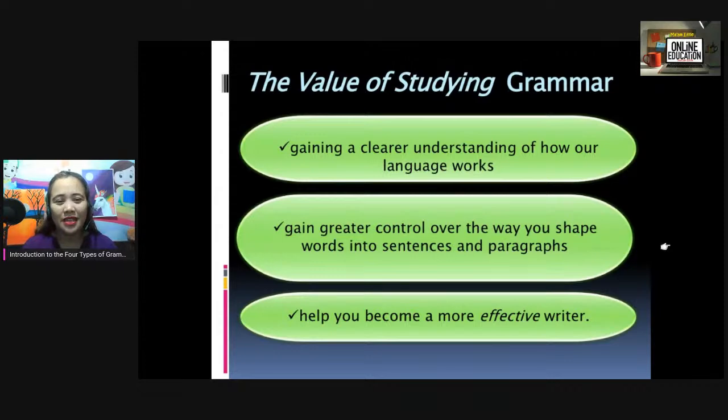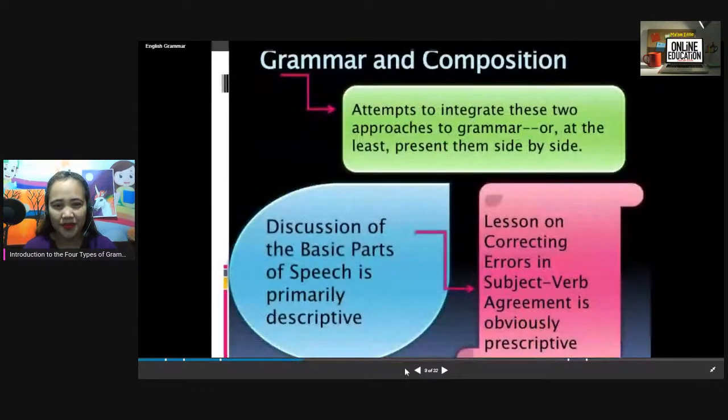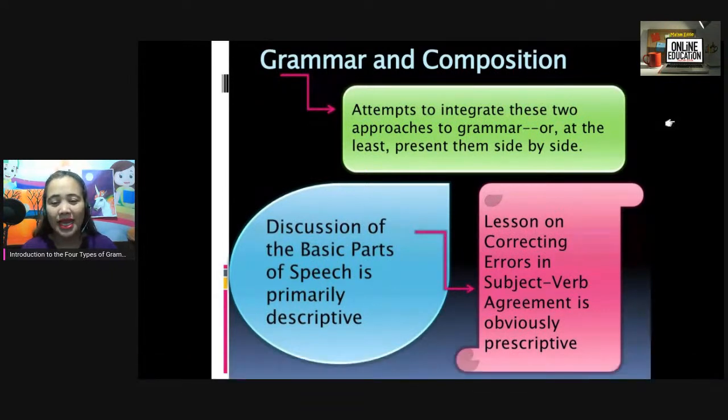Okay, so let's go. Grammar and composition attempts to integrate these two approaches to grammar, or at least at present, side by side. So discussion of the basic parts of speech is primarily descriptive. A lesson on correcting errors in subject-verb agreement is obviously prescriptive.